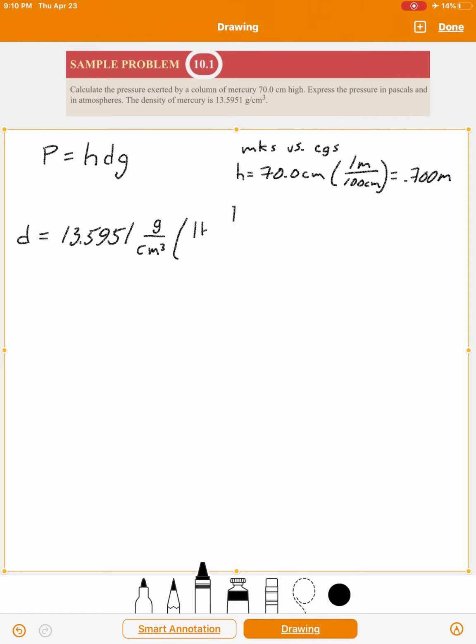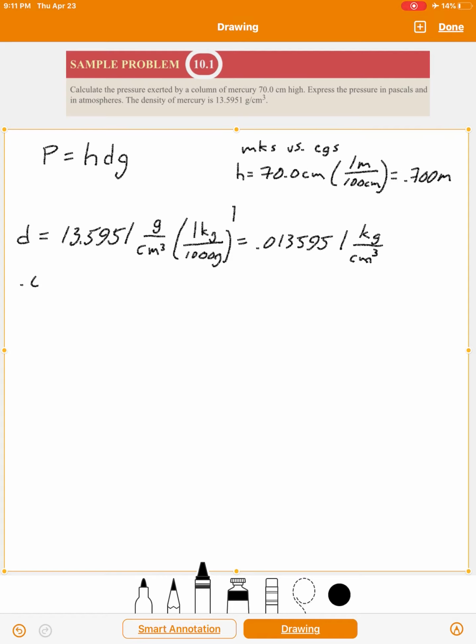A kilogram is 1,000 grams, so you're dividing it by 1,000. So you get 0.0135951 kilogram per centimeter cubed. However, a centimeter cubed is not MKS, that's CGS. So we need to convert centimeters cubed into meters cubed.